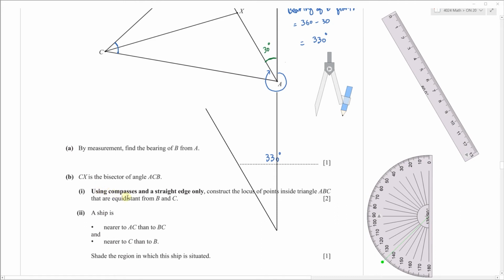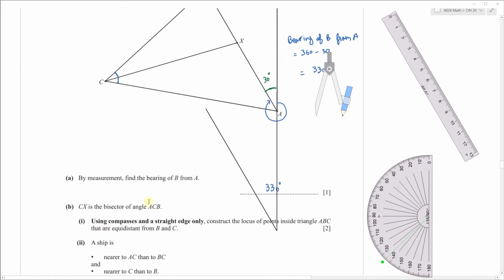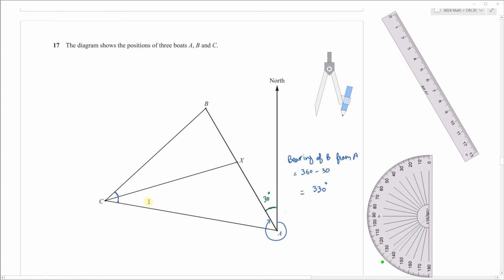So part 1 is using compass and a straight edge only, construct the locus of points inside triangle ABC that are equidistant from B and C. So this is your line BC, so you have to draw the perpendicular line bisector of this line BC to find the locus of points that are equidistant from B and C.